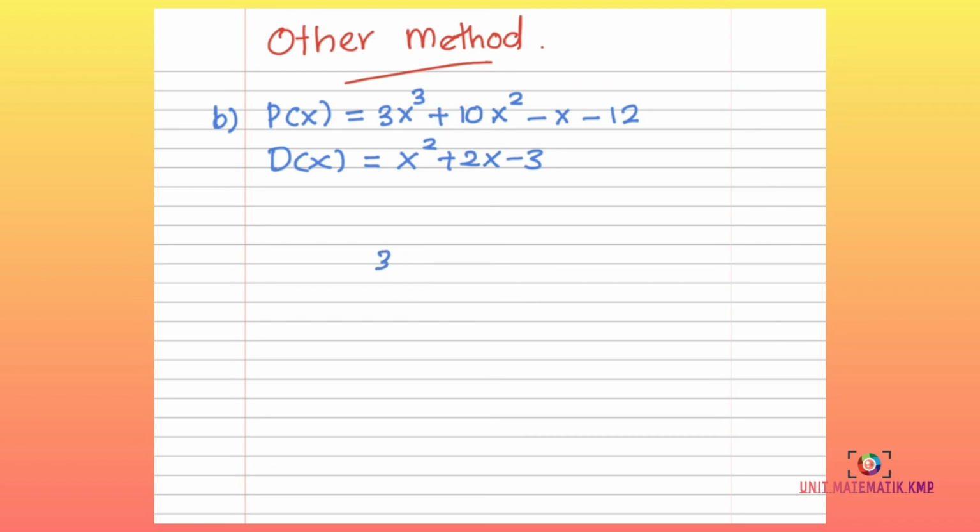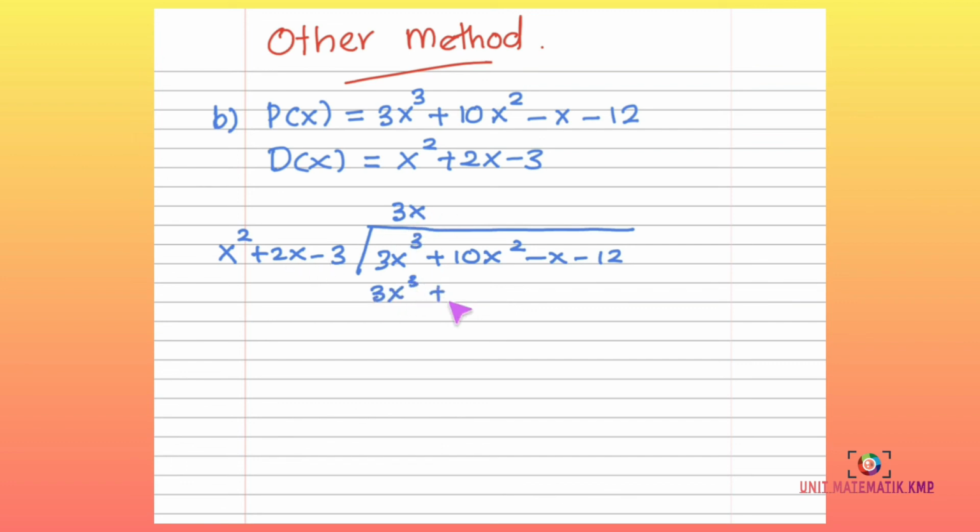By performing the long division, x^2 times what equals 3x^3? We know that x^2 times 3x is 3x^3. So 3x times 2x is 6x^2. 3x times negative 3 is negative 9x.